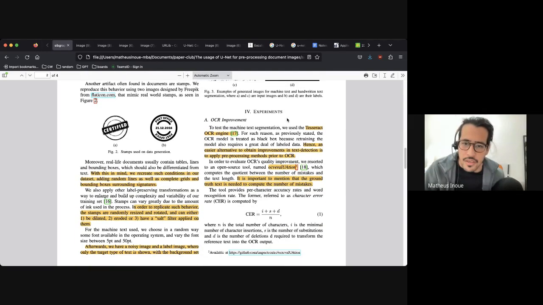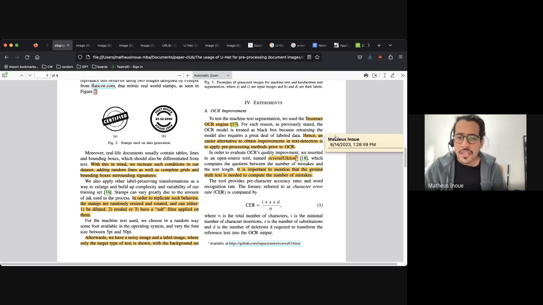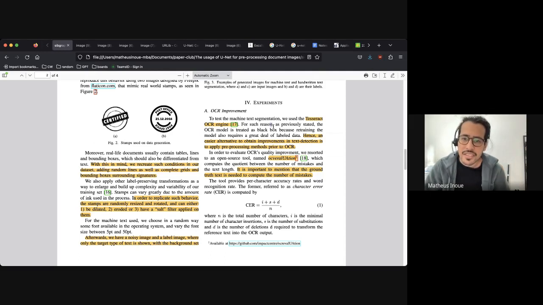Here they go to talk a bit about the OCR. So the OCR they use is the Tesseract, which is the most commonly used OCR engine. And they say here that the OCR is treated like a black box because retraining the model would require a great deal of labeled data, right?